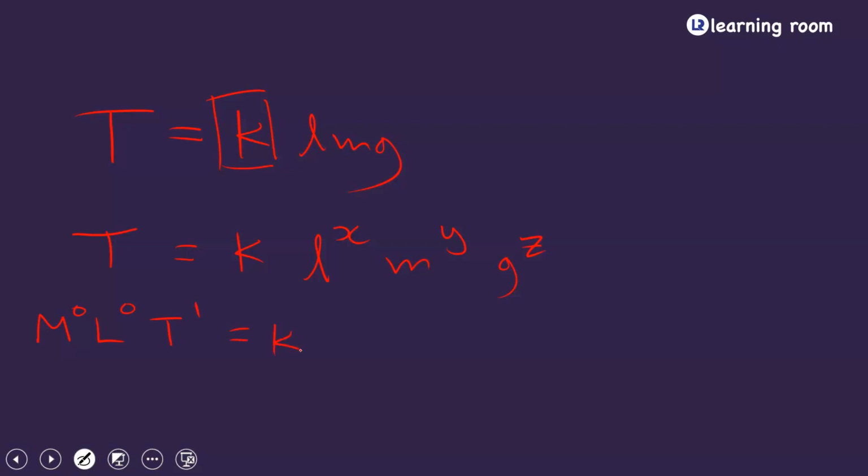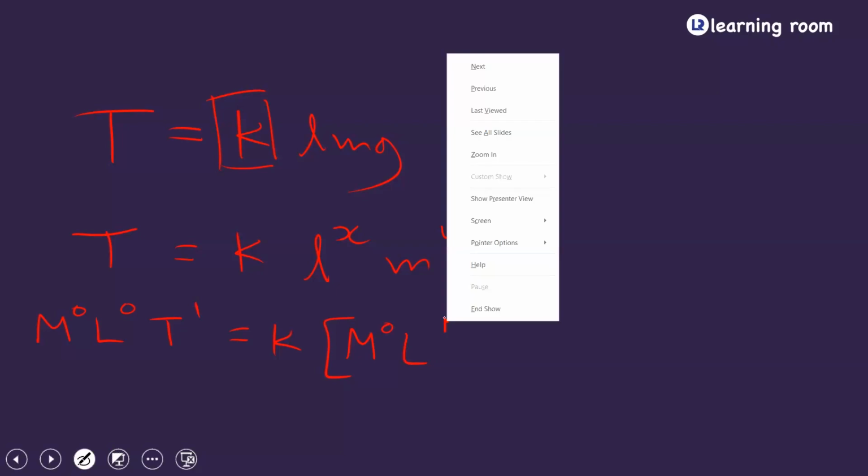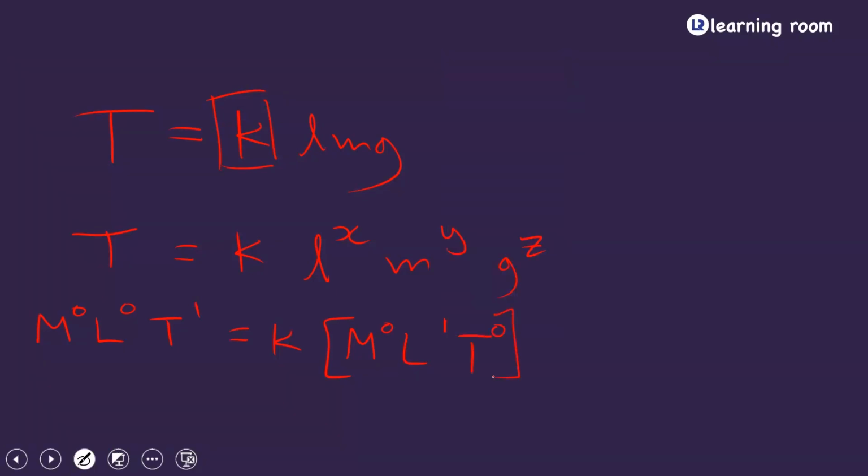K is as it is. What is L? L is the length of our string. So what is M going to be here? M raised to 0. L is the length of the string. So L will be 1. And what is going to be our T? Correct. This raised to x.